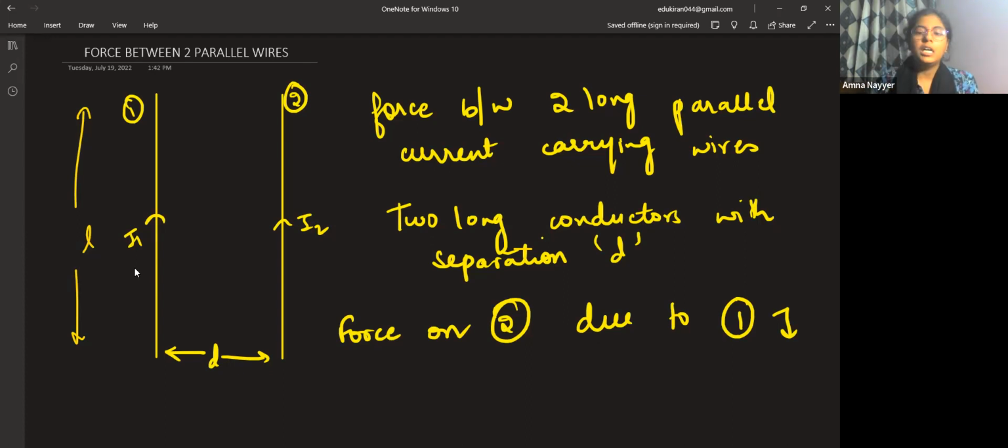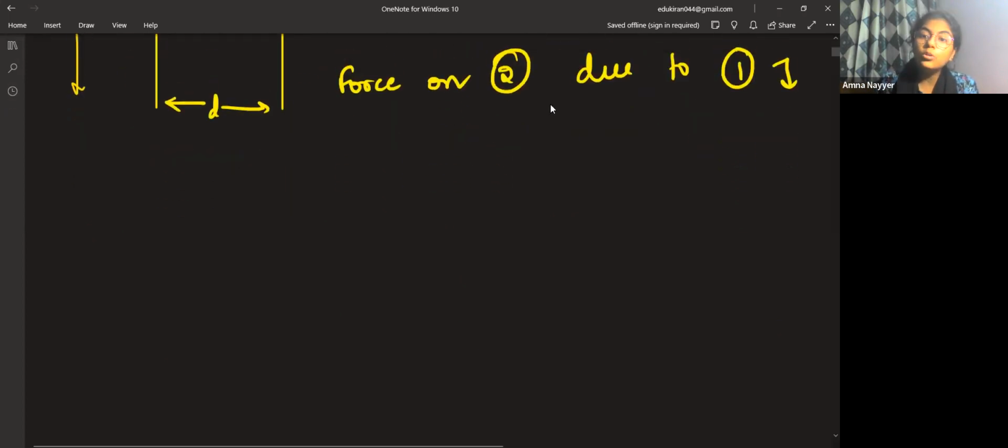Now see, when we are finding the force on 2 due to 1, we should remember one thing firstly. When we calculate the force on the second wire due to the first one, the magnetic field produced by the first one is what exerts the force, right? In the BIL formula, the magnetic field is present.